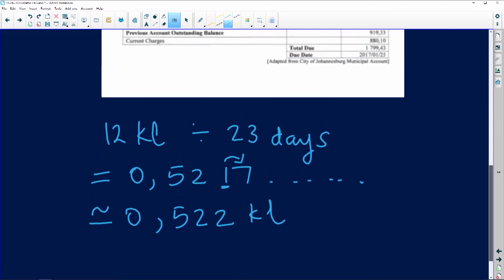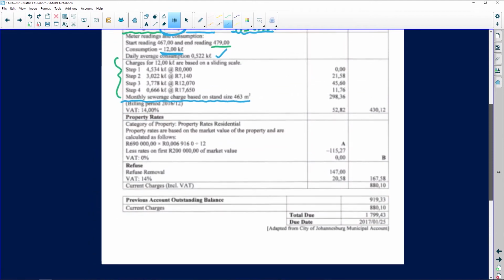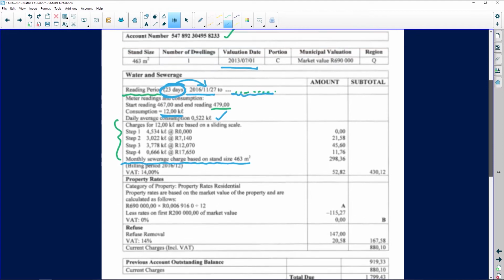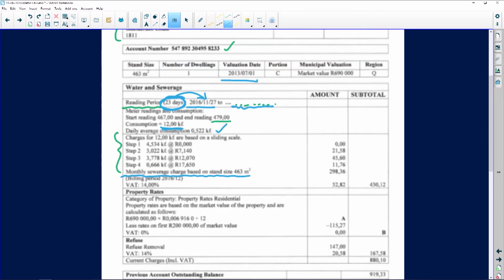So we have to go and look for the variable expense, the expense that does not stay the same in this particular one. And if we go up and we look at our expenses over here, we will see something that has the potential to be a variable expense. It says here, property rates, look at this. Property rates are based on the market value of the property.